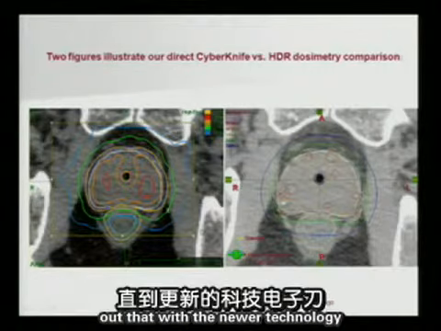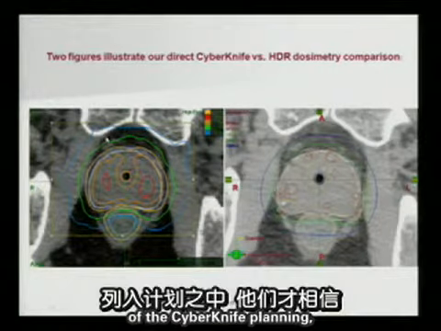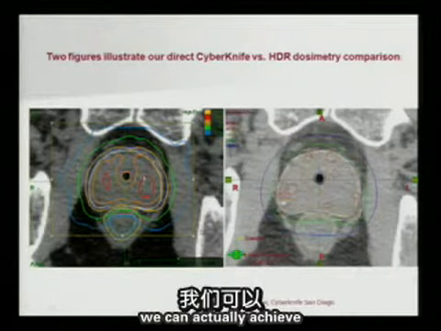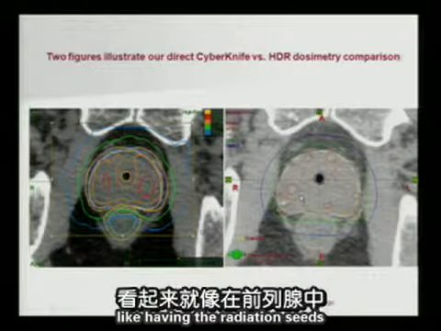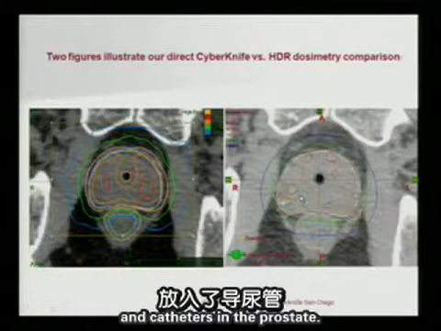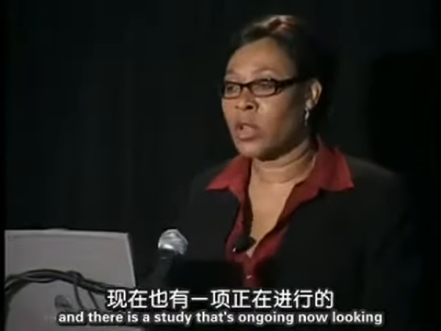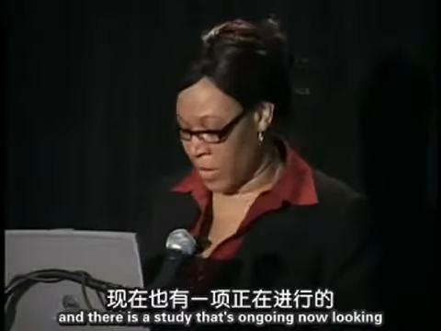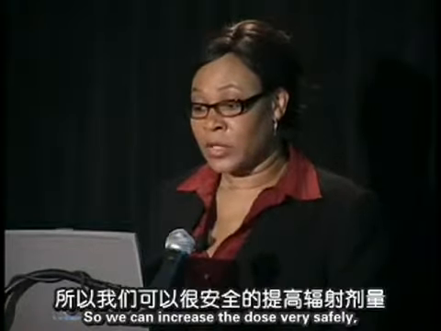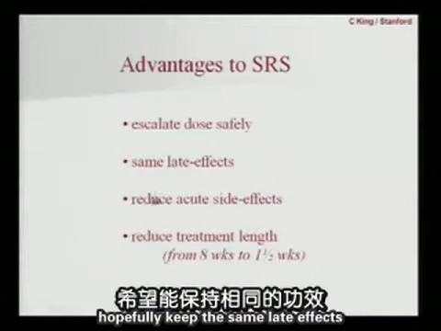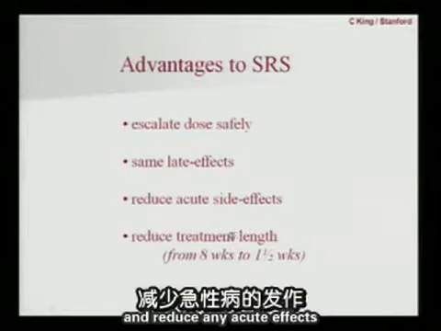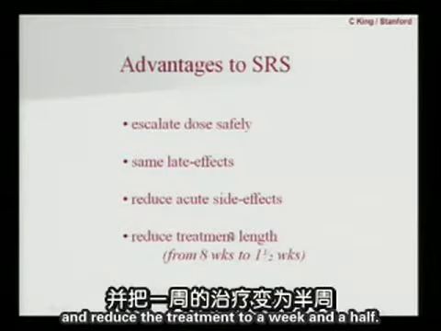It turns out that with the newer technology of CyberKnife planning, we can achieve a dose distribution that looks just like having the radiation seeds and catheters in the prostate. So this is very encouraging, and there's a study ongoing now looking at this technique as well. We can increase the dose very safely, hopefully keep the same late effects, reduce any acute effects, and reduce the treatment to a week and a half.